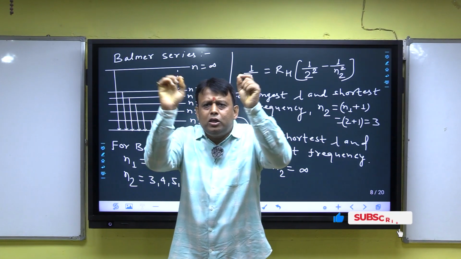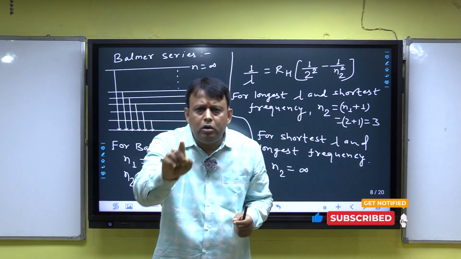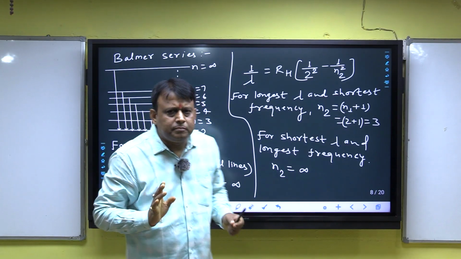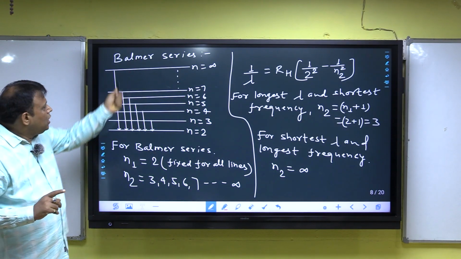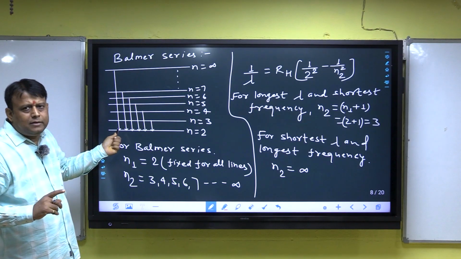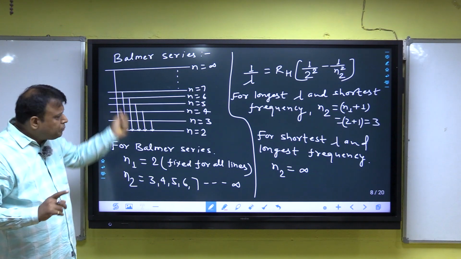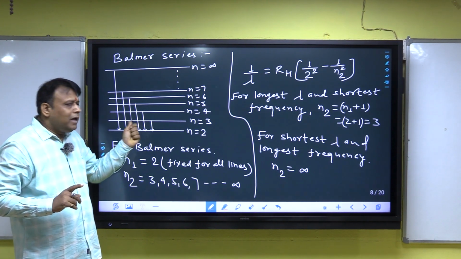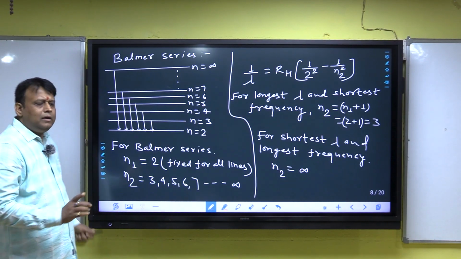From any orbit to the second orbit, and the second orbit is also called the first excited state. Clear?